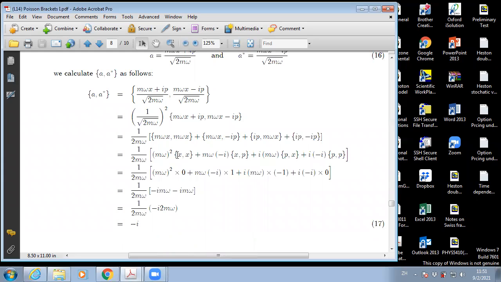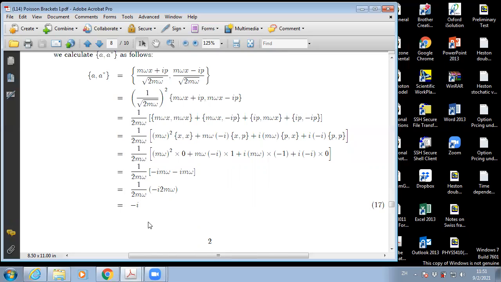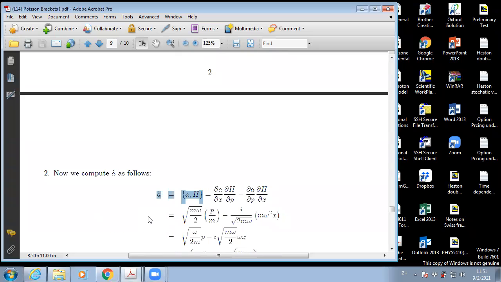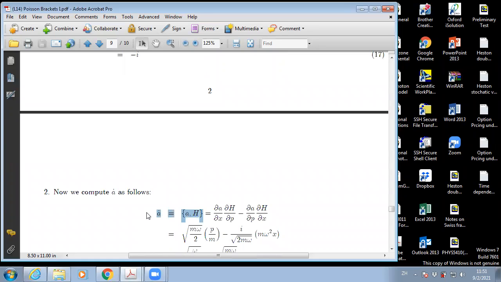Then altogether we have 4 terms, all right? Now, the Poisson bracket between x and x equals 0, between x and p gives you 1, between p and x gives you -1, and between p and p gives you 0, all right? And then we collect the like terms, and we find that the Poisson bracket is very simple, equal to -i, okay?